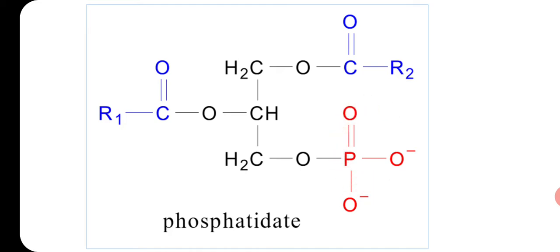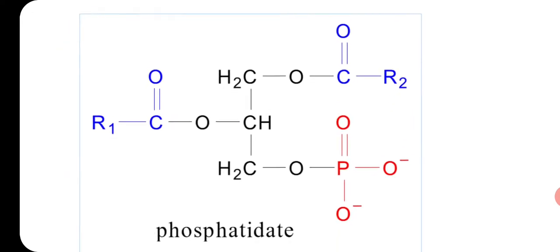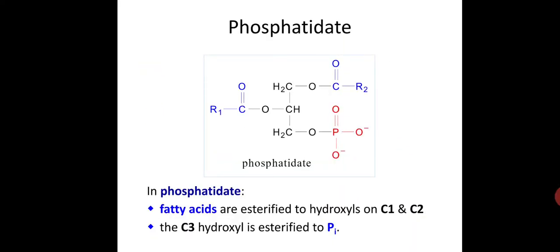The rest you can see: COR1, COR2. So instead of CH2COR3, you are observing a phosphate molecule. These are called phospholipids, or phosphatidate. At position number 3, the hydroxyl group is esterified to inorganic phosphate.